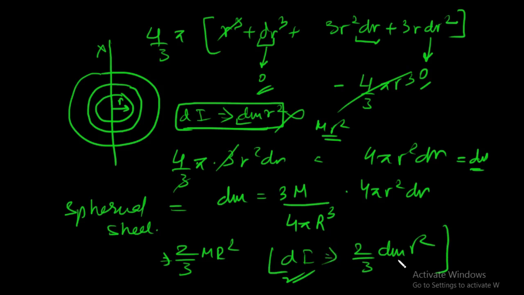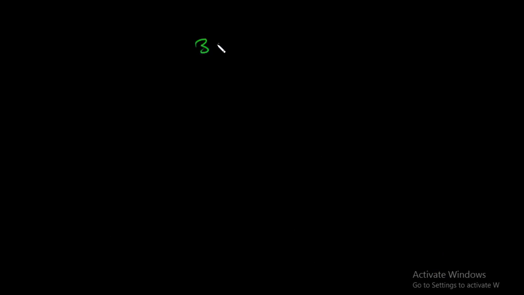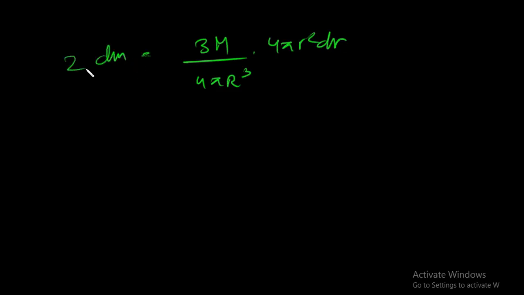All right, now we can proceed. We have 3m by 4 pi r cube times 4 pi r square dr. This is the differential mass, and 2 by 3 times differential mass times r square would be equal to dI, the differential moment of inertia.